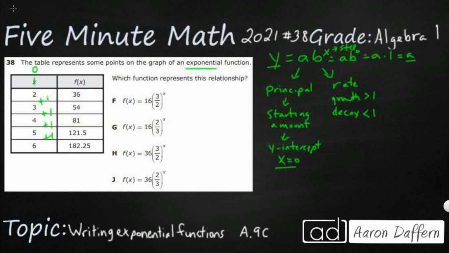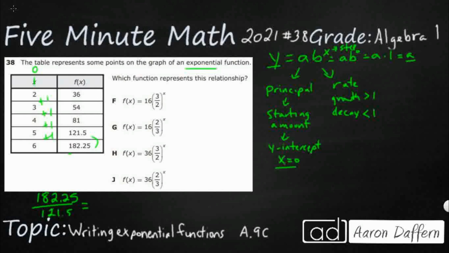So how do we find the rate when we're dealing with an exponential function? As long as the steps are 1, which they are, we can take our f of x, or our y. So let's take our final one, 182.25, and divide it by the previous one, 121.5.